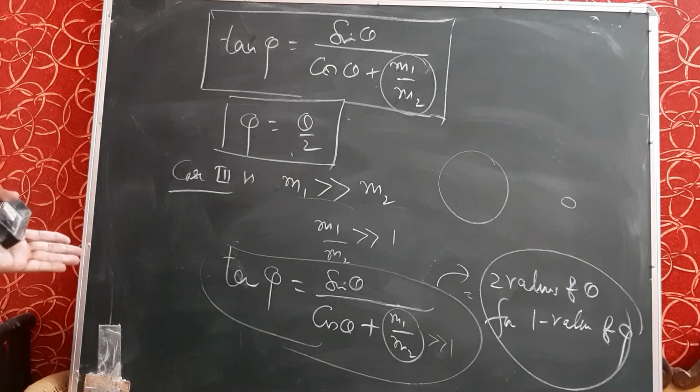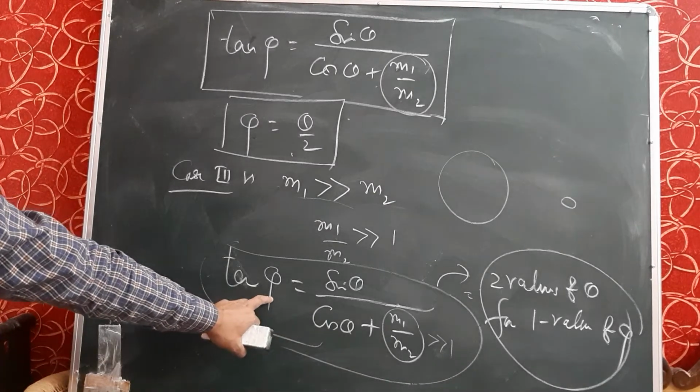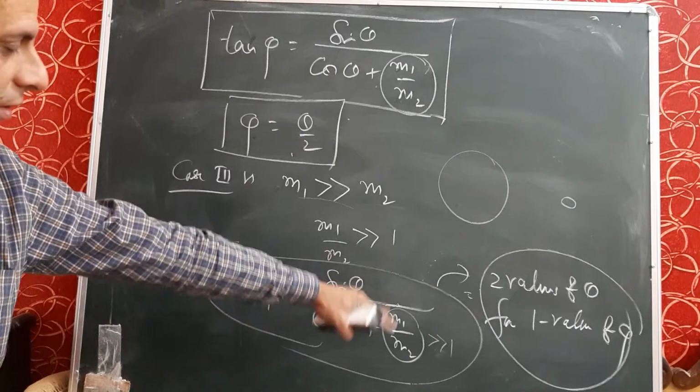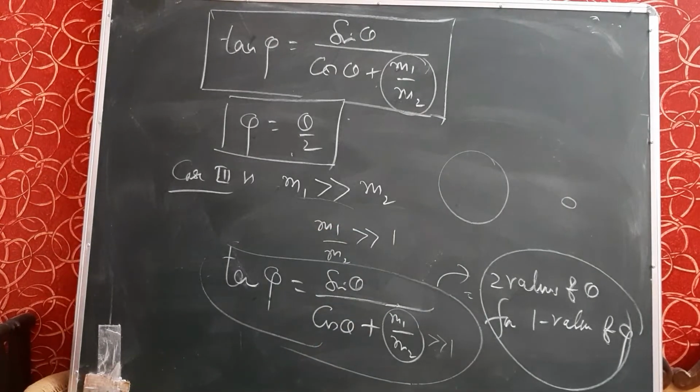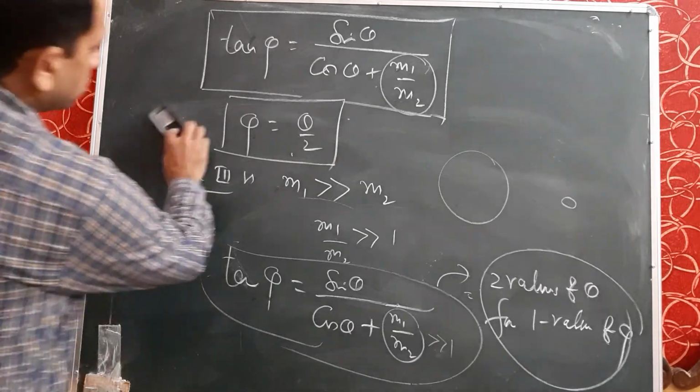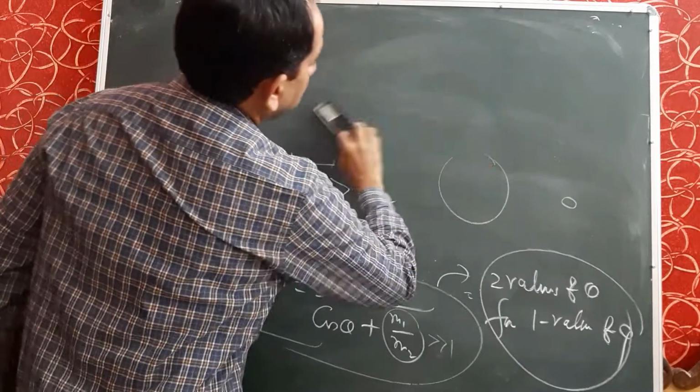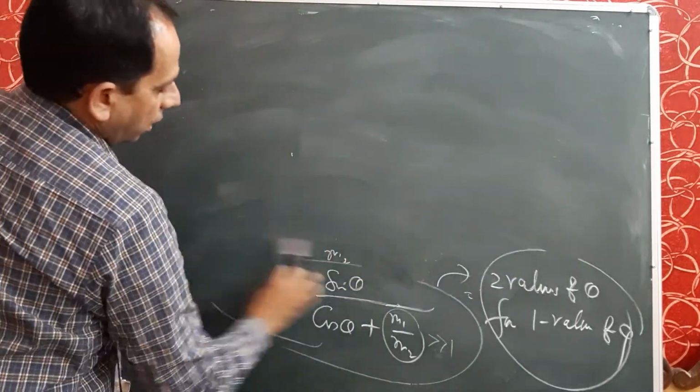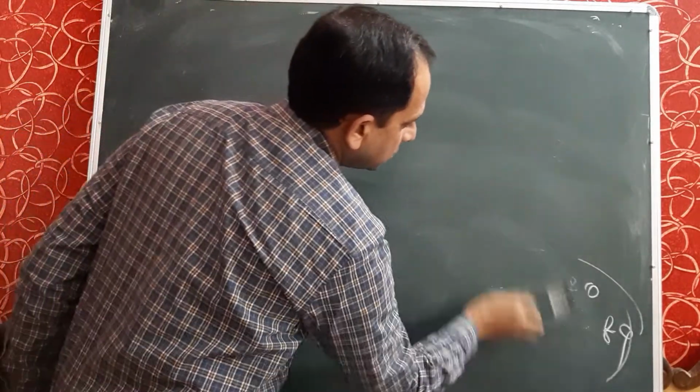Put any value of phi here, and you will find that on the right hand side there are at least two values of theta. So there are three cases which correlate the angle of scattering in lab frame with the angle of scattering in center of mass frame.